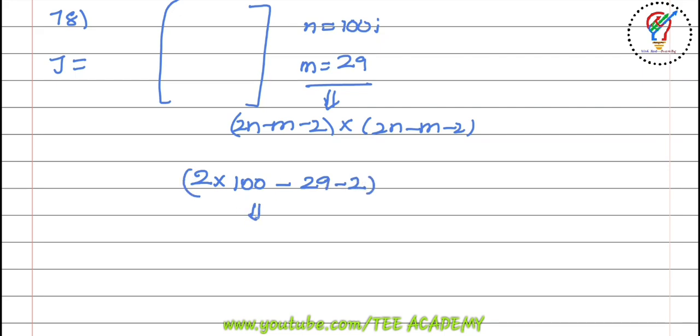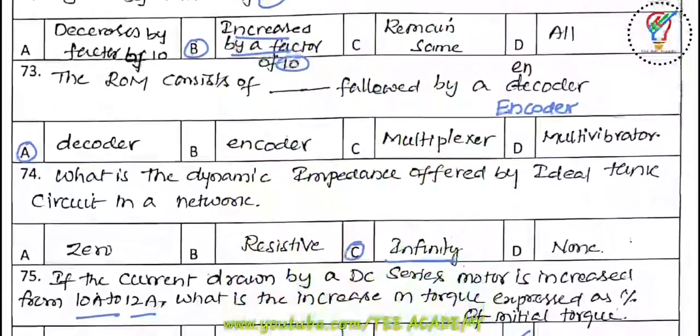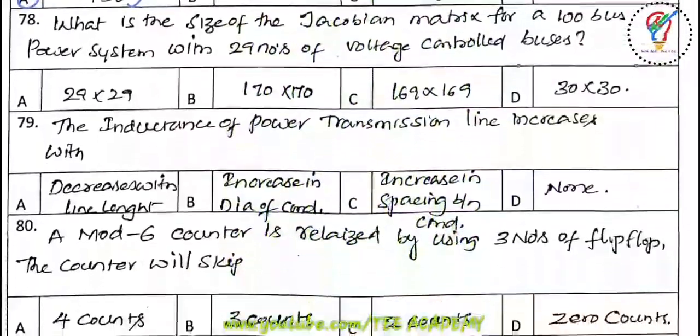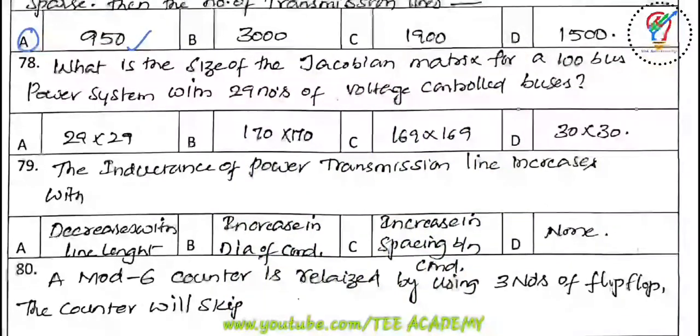This leads to 200 minus 31, which is nothing but 169. So the size of the Jacobian matrix is 169 cross 169. So the exact answer for the 78th question is C, the right answer here.